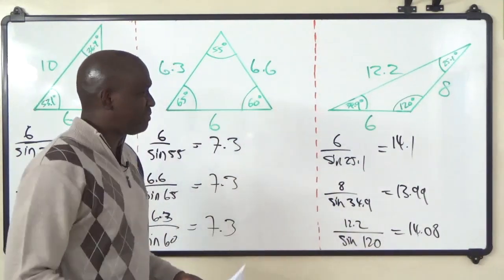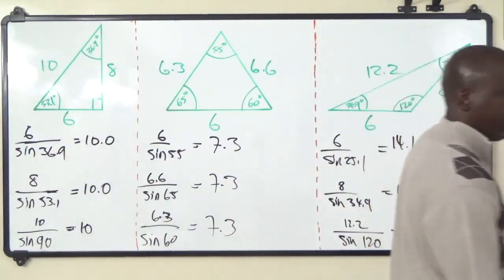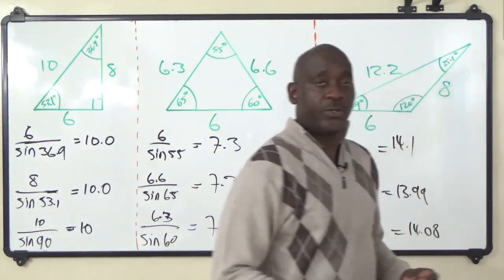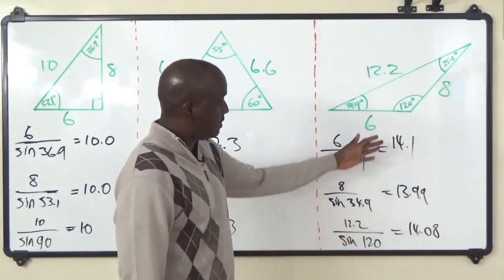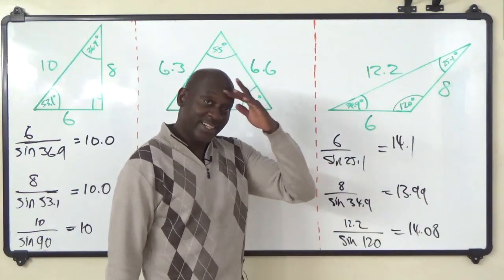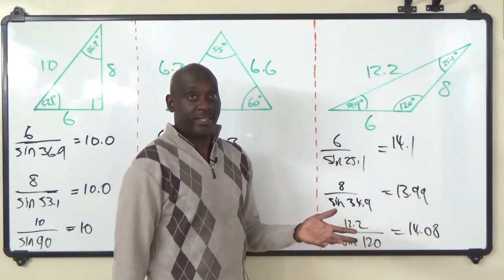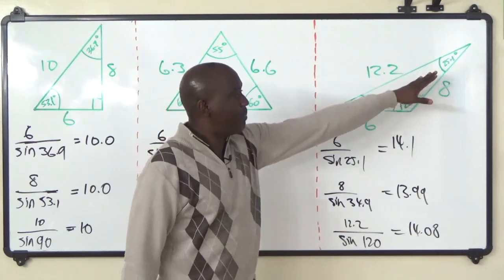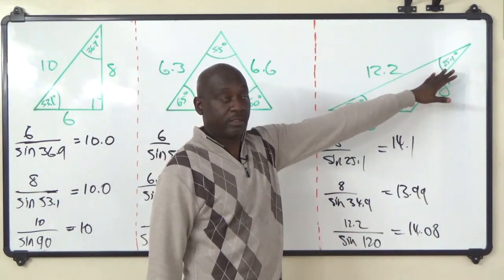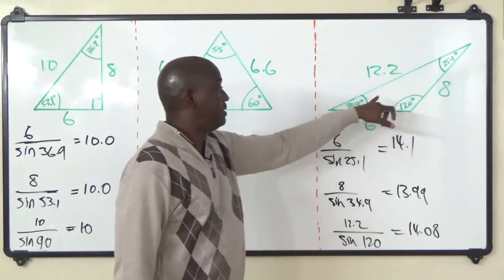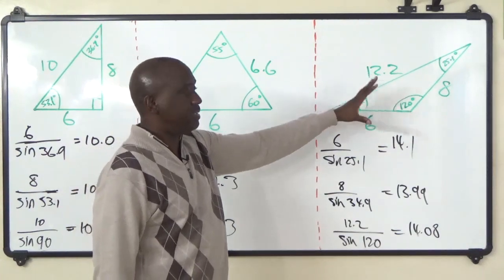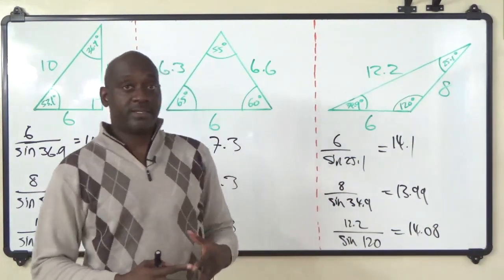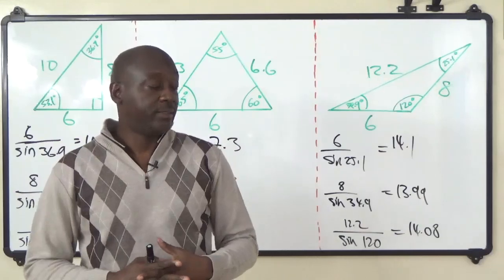So you have some variation there, but I want to show you again that the variation here is only a product of the fact that we would have approximated the angles here, this 25.1 and this 34.9. As you can imagine, the angle is a lot more precise than that in terms of the decimal places.